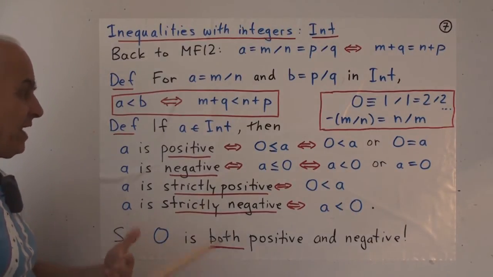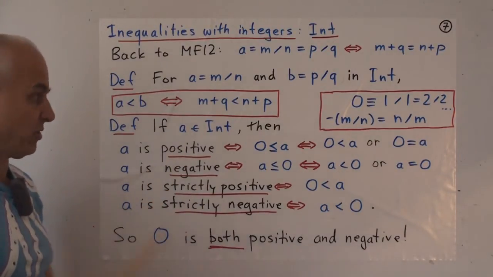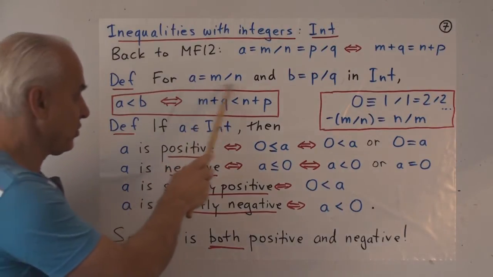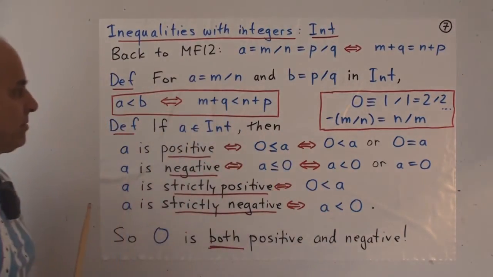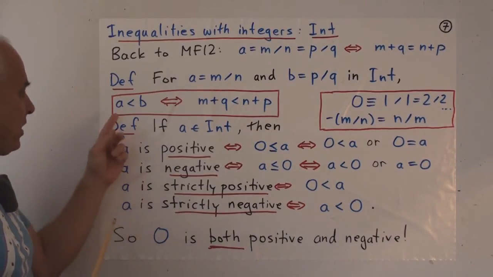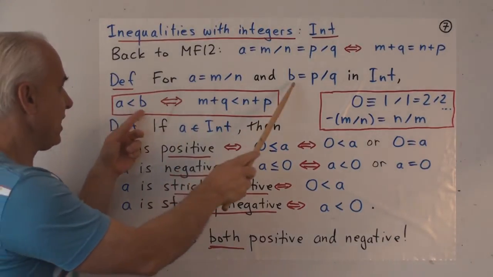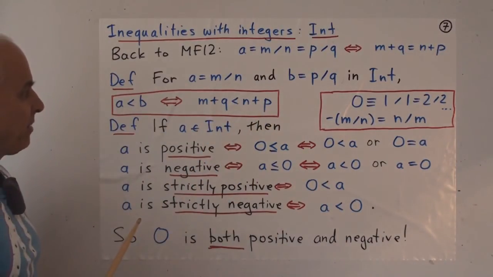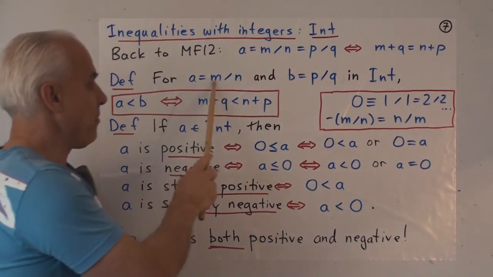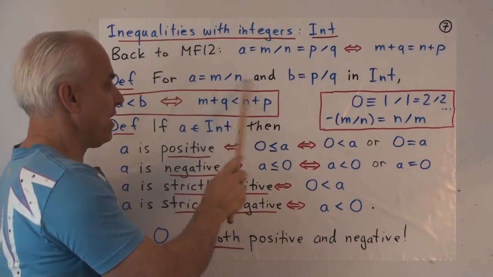Alright, so now we can define inequalities for integers. Here are two integers, m less n and p less q. What does it mean for this one to be less than this one? For a to be less than b? Well, it means that m plus q is less than n plus p.